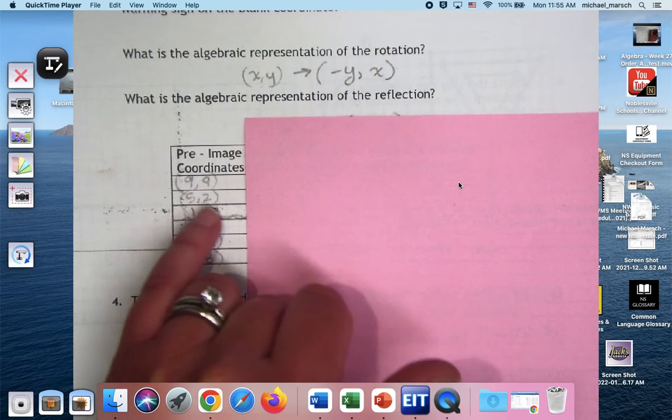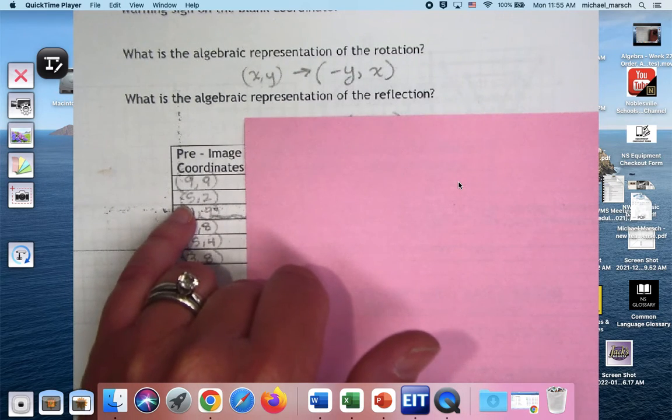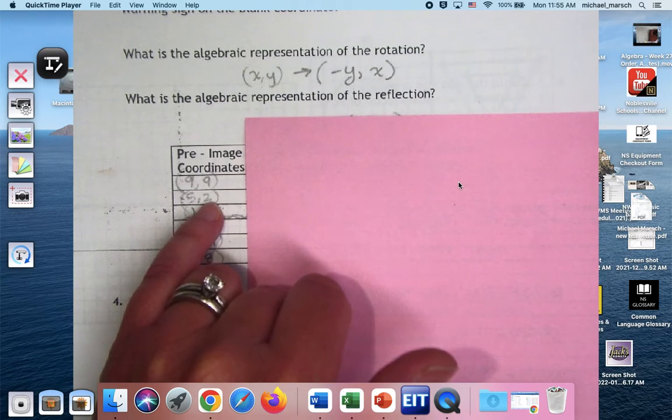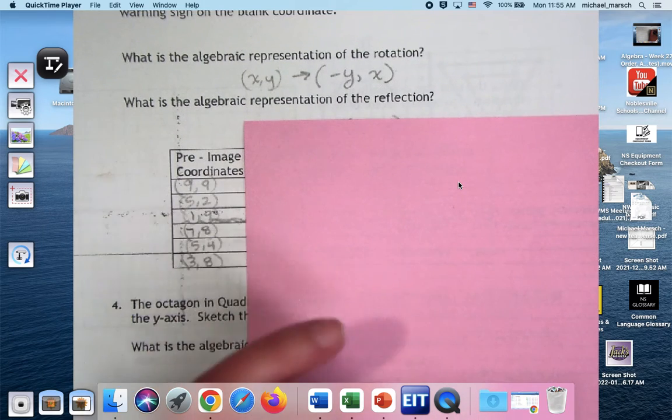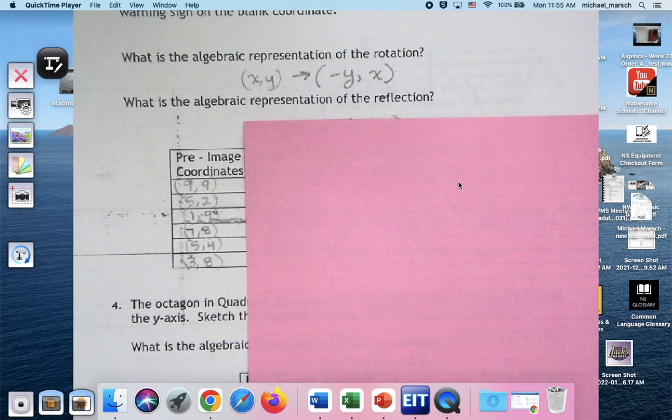So for 5, 2, it's going to be negative 2, 5. Go ahead and come up with those new ordered pairs, and then we will discuss how to do the third column, and that's what you will actually plot.